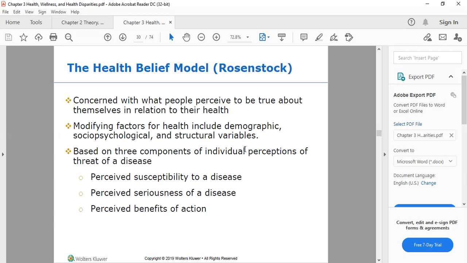So I look at myself and I look at the environmental stuff and this demographic stuff around me, and I determine myself whether or not I'm susceptible to that disease. Or I might look at myself and determine, how do I feel about the seriousness of this disease? Do I personally take it as a serious disease? And then the benefits of action.